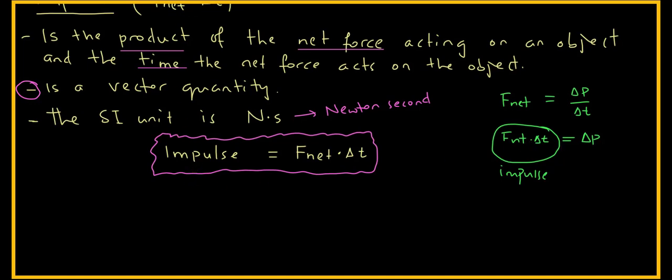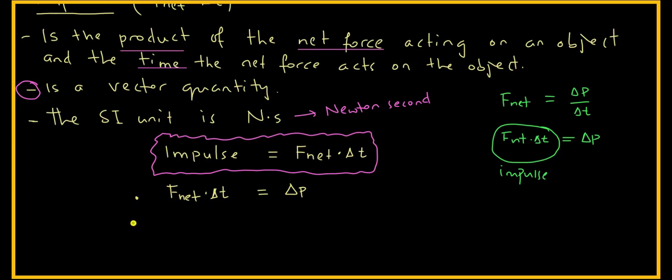So we can express this particular equation in many different ways. We know that F net times delta t from this equation is equal to delta P. So we can say F net times delta t, which is the impulse, is actually equal to delta P. We can also express this in a different way.